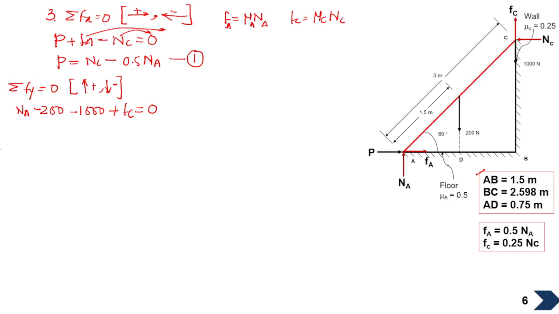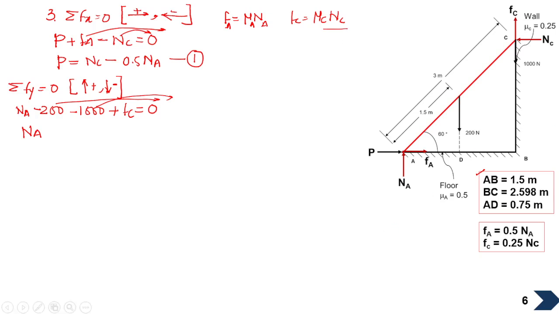Okay, now we'll try to take this 200 and 1000 to the opposite side of the equation. Na we can write as it is, and Fc we can write mu C into Nc.